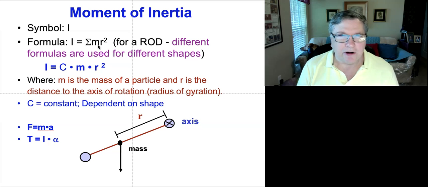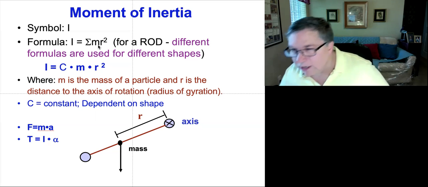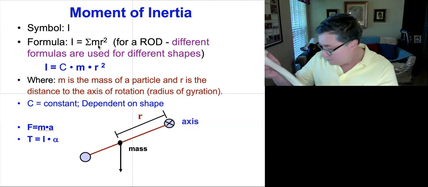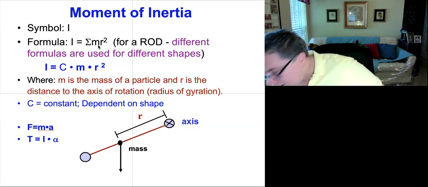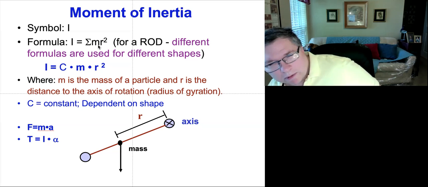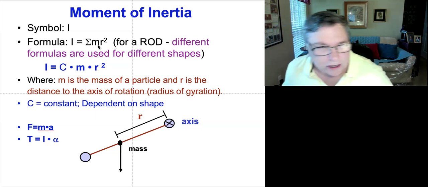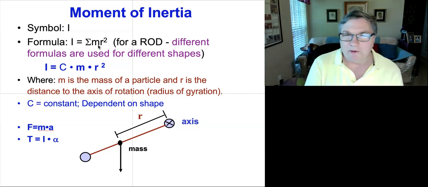In addition, there are some shapes like hollow tubes, like you might see in a bone like the femur or the tibia, long bones like that, where the moment of inertia is proportional to the fourth power of the radius.